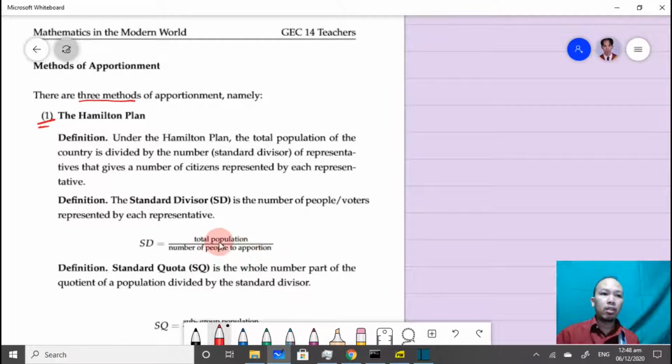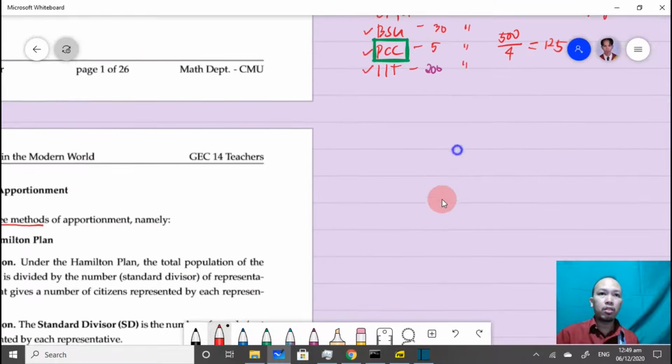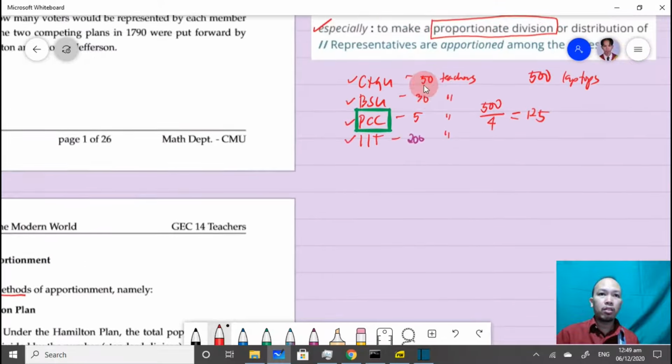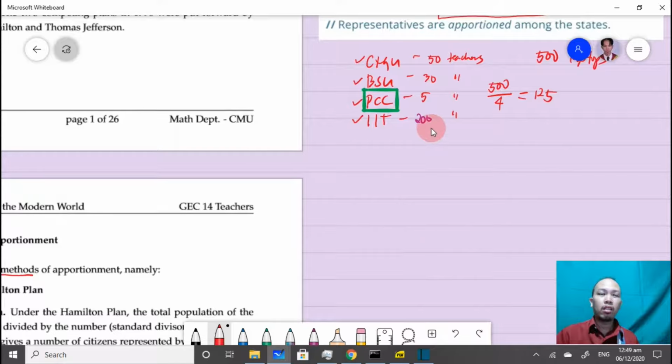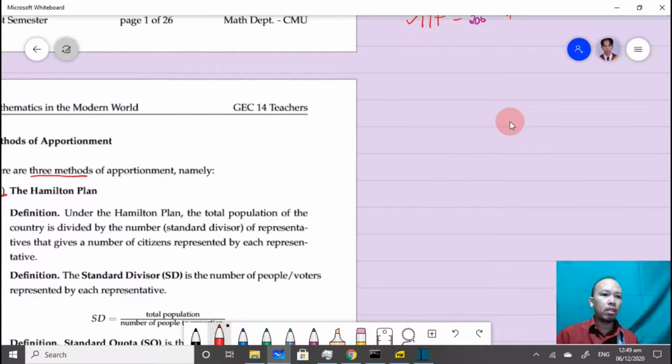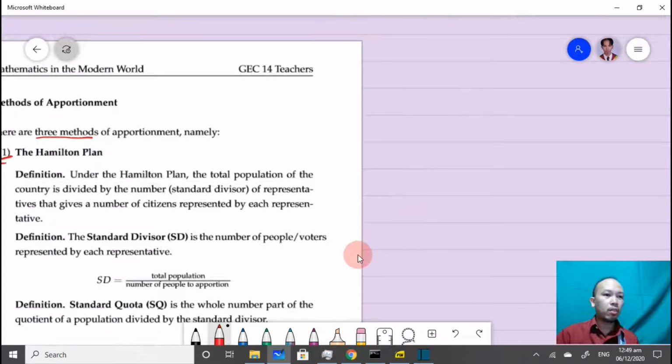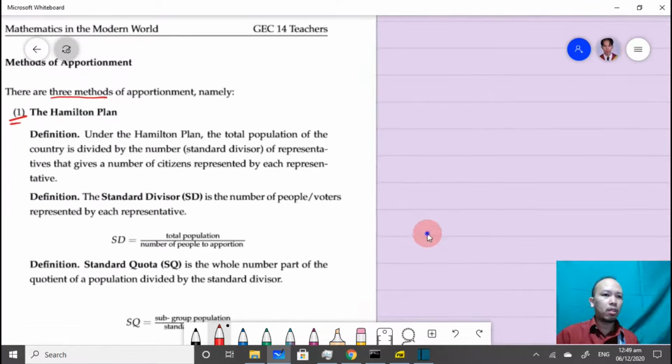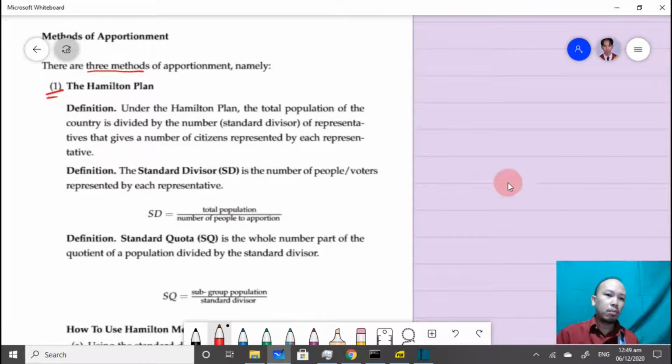The total population is this one here, so you have to add the 50 teachers, 35, and 200 teachers. That would be the total population, and the 500 laptops is the number of people to apportion. As you have noticed, a laptop is not a person.